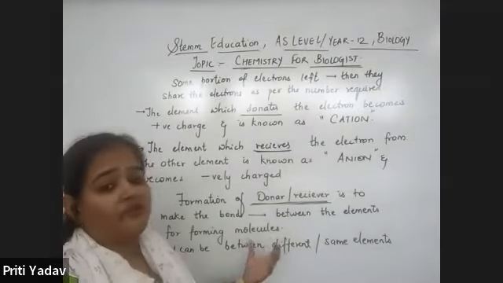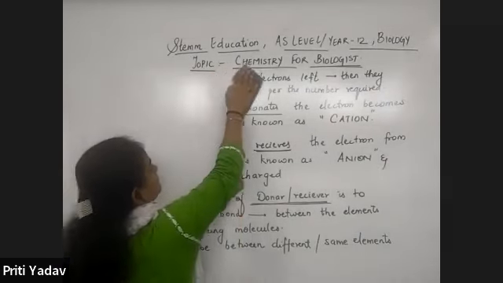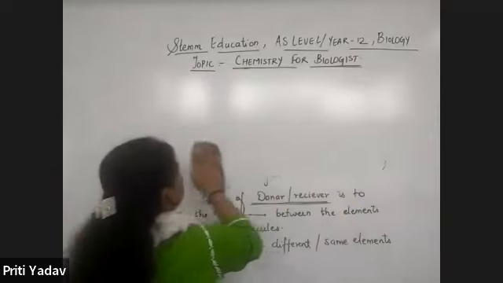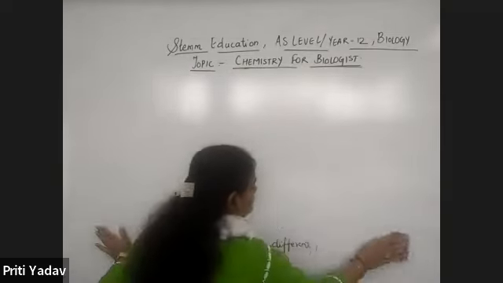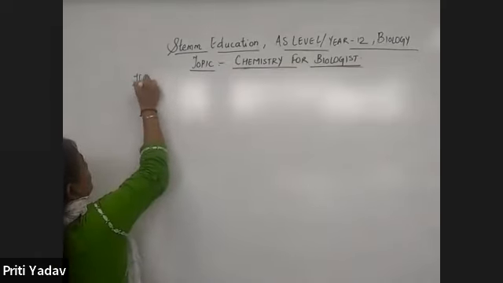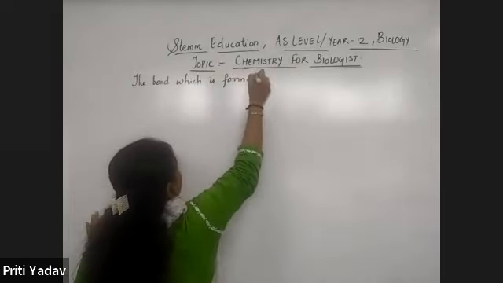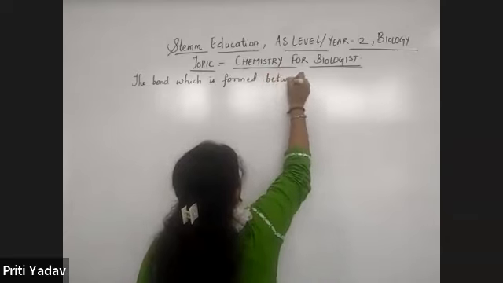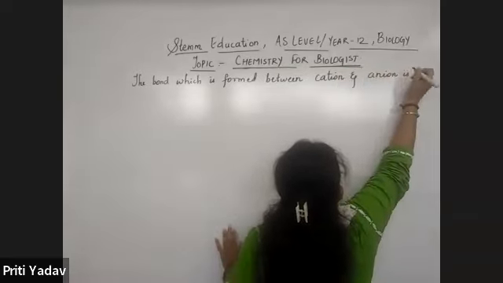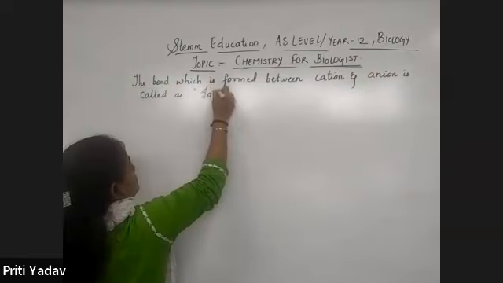Now, we need to see what are the different types of bonds. The bond which is formed between cation and anion is called an ionic bond.